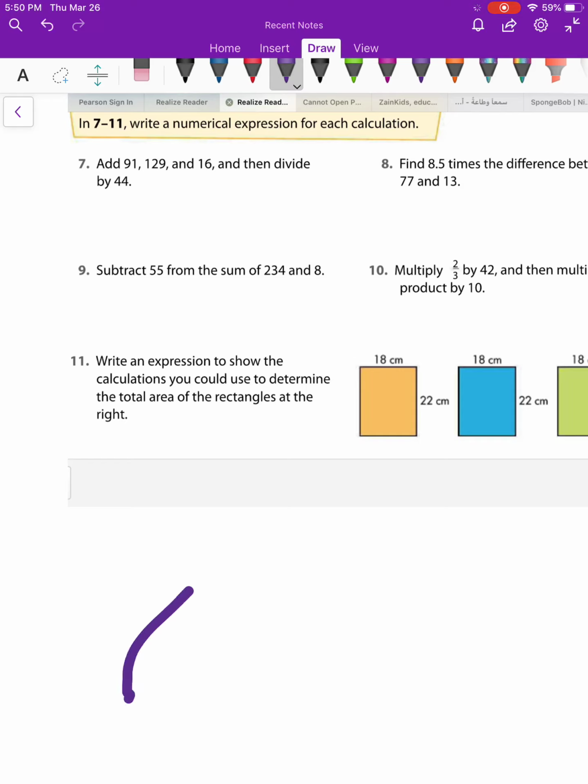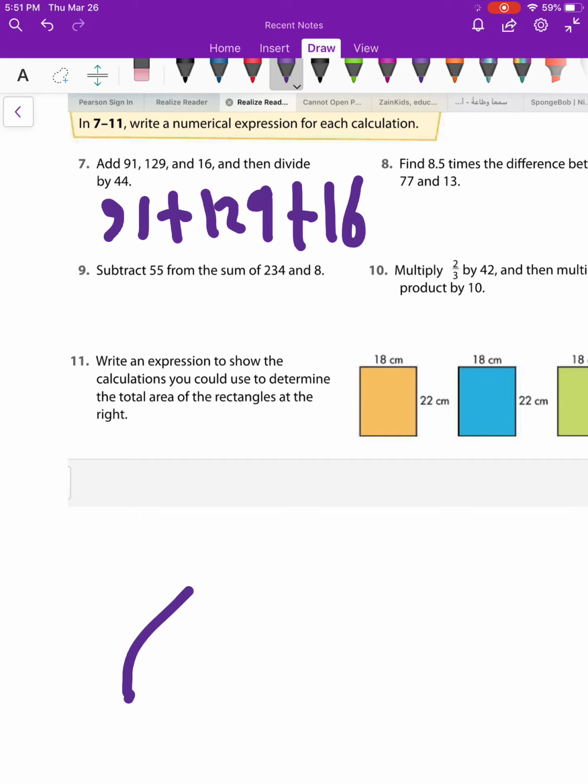And Ayman, please read: add 91, 129 and 16, and then divide by 44. So I have to add the 3 numbers, then divide by 44. It is easy, but we have to write it carefully. 91 plus 129 plus 16, and then divide by 44. If I leave it like this and you execute it, you will do the division before adding.